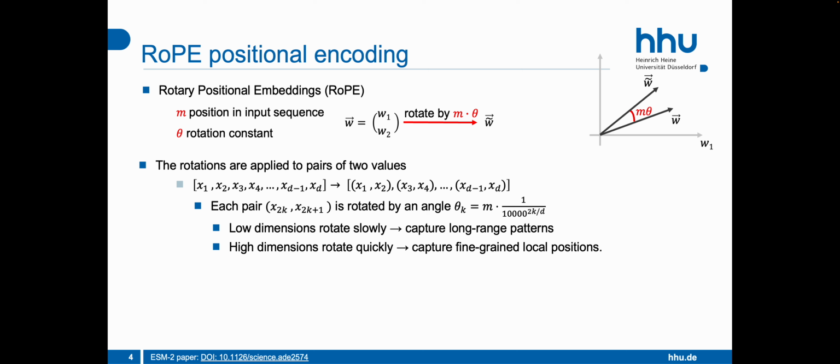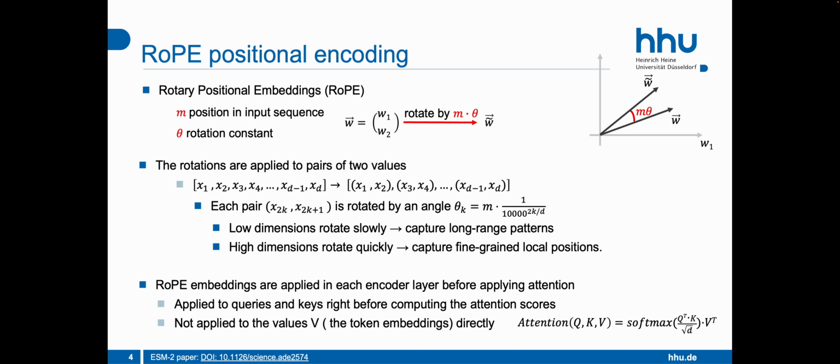And this design has a nice effect. Slow rotations in the lower dimensions help the model to recognize long-range patterns across a sequence, while faster rotations in the higher dimensions help it to focus on more fine-grained local relationships.